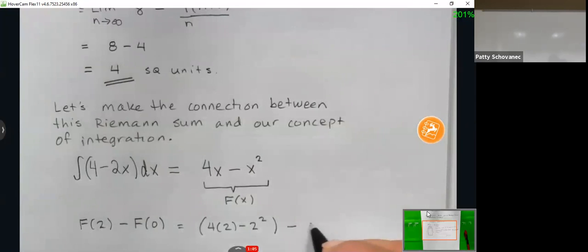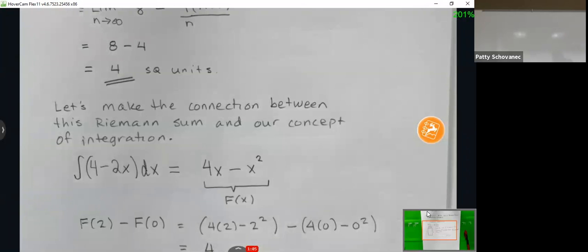F of 0 is 4 times 0 minus 0 squared. And I get 8 minus 4 minus 0, which is 4. That's our area. It's the difference of the antiderivative over the range on the x-axis.